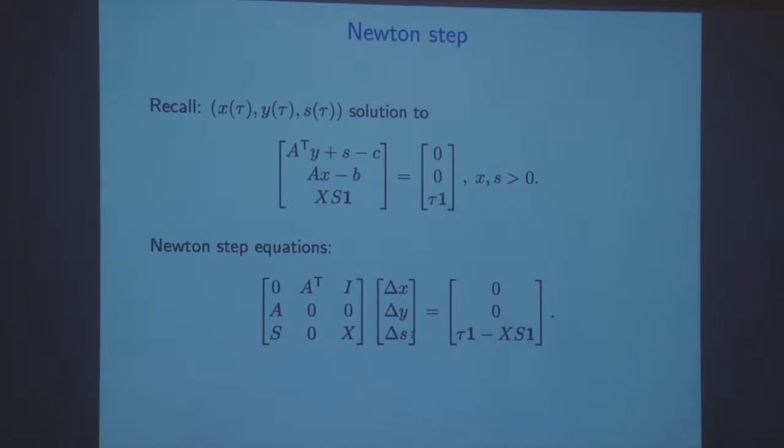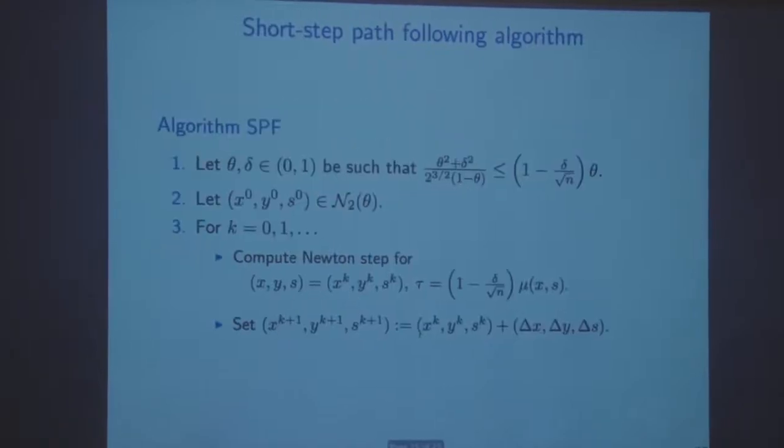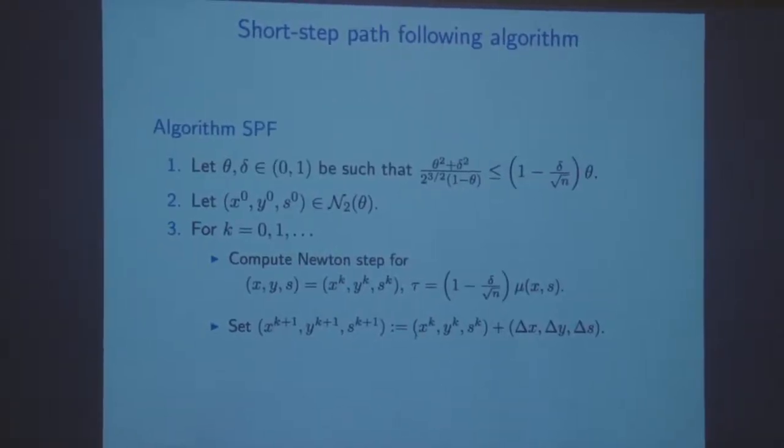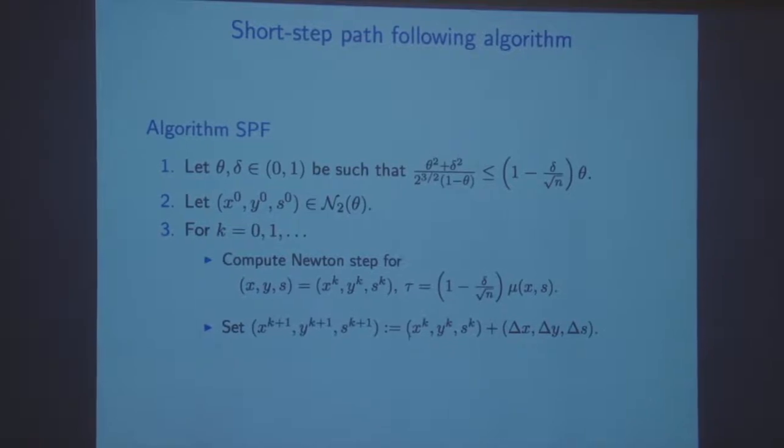So the Newton step equations, written there at the bottom of that slide, are a linearization of the equations that we want to satisfy. Okay? Now, with that, I actually have everything to describe the first primal dual path following algorithm.